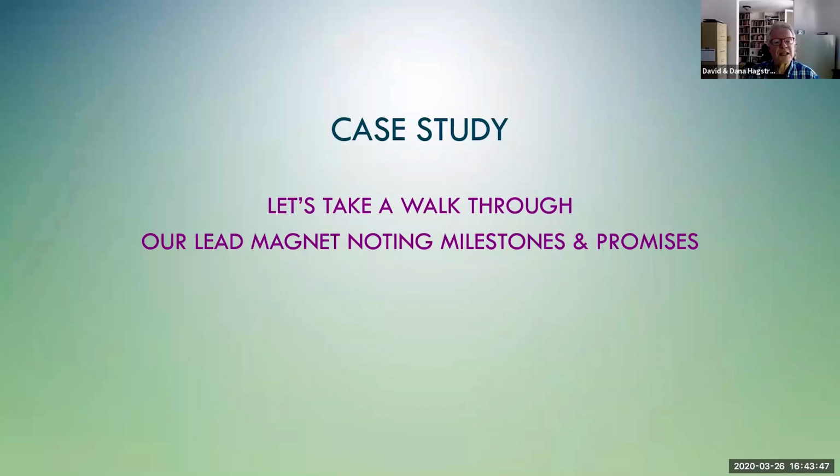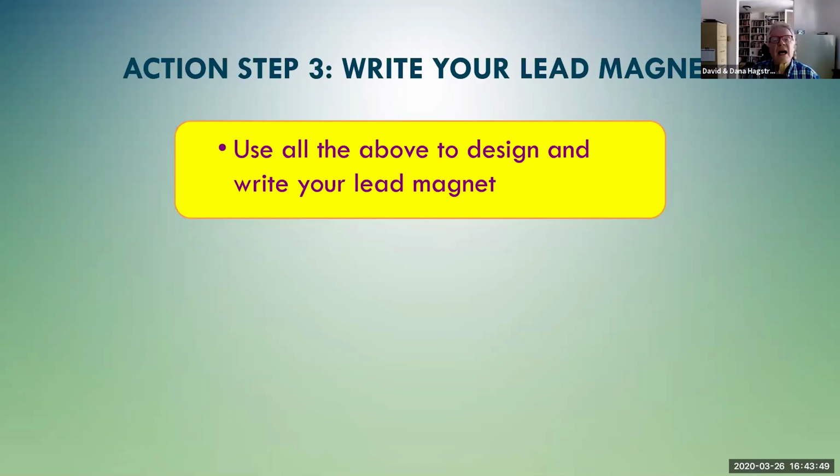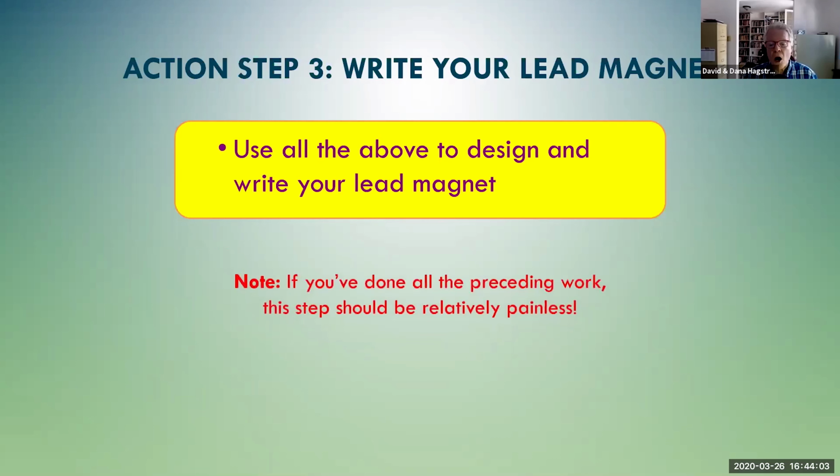Back to our slideshow here. Once you have those first 2 steps done, now it's time to write out, to design and draft, put together your lead magnet. And if you have all of the preceding work done, this step should be pretty easy and relatively painless.